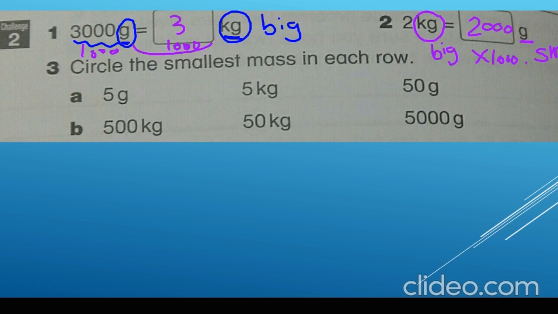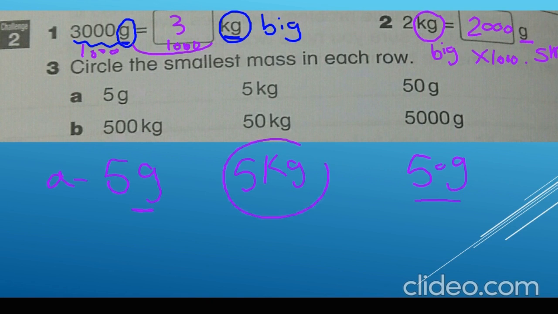Move to number 3. Circle the smallest mass in each row. A, you will find 5 gram, then 5 kilogram and 50 gram. You will notice that the first one is measured by gram and the third one also by gram.